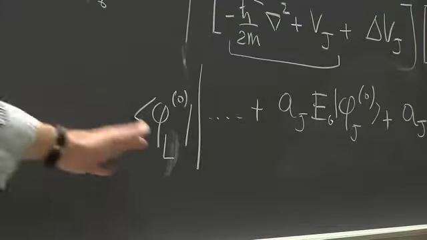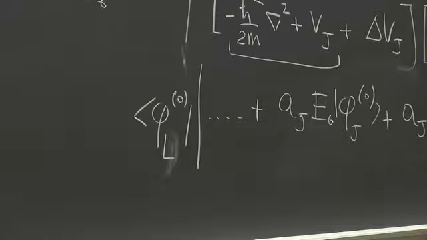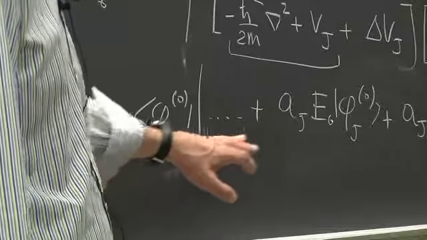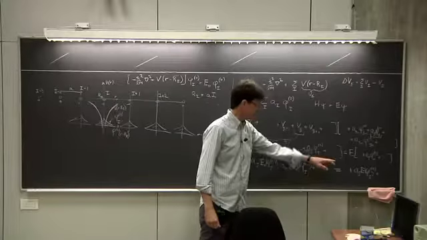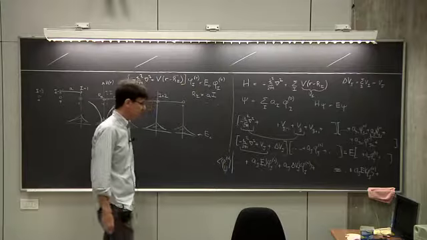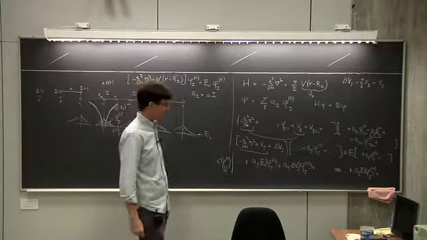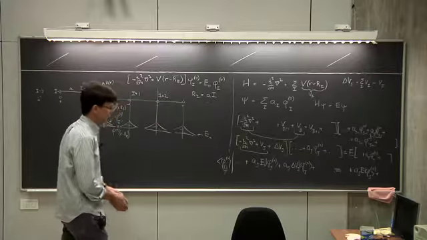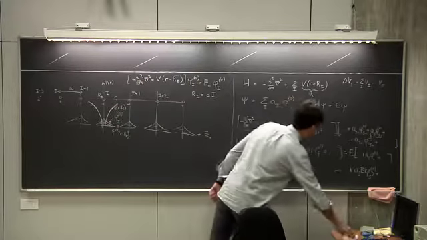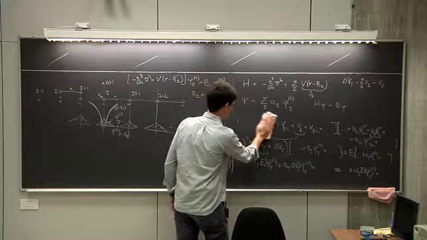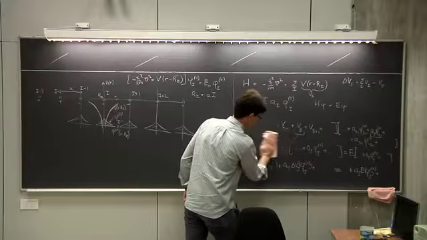I'm taking an arbitrary L. L can be any integer from minus infinity to plus infinity. I'm taking an arbitrary one, and I'm projecting left-hand side and right-hand side on phi L. Last time we did phi 1 and phi 2. Now we do a generic L.